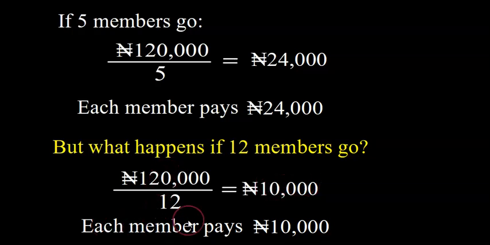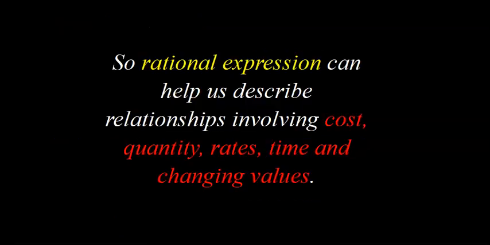This means each person pays 10,000 naira for that trip. From this, you can see that rational expressions can help us describe relationships involving cost, quantities, rate, time, and changing values.